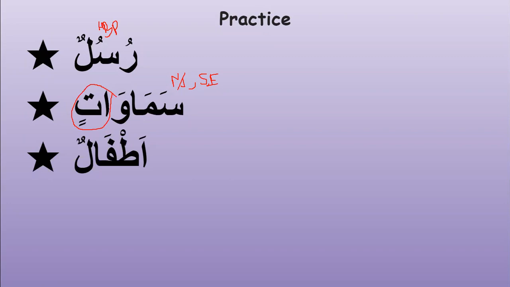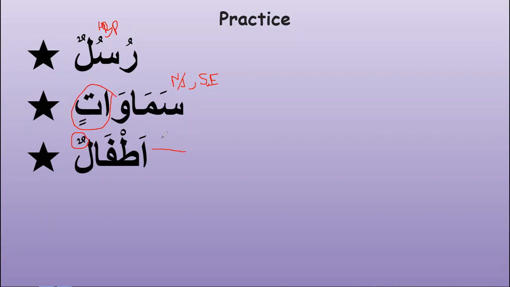But the meaning of it is children. Human plural. Human broken plural. And how can we treat a human broken plural? As it is, and two ways. So it's rafa in both cases. In one case, atfal is masculine and plural, right? And in another case it's singular and feminine. Okay.